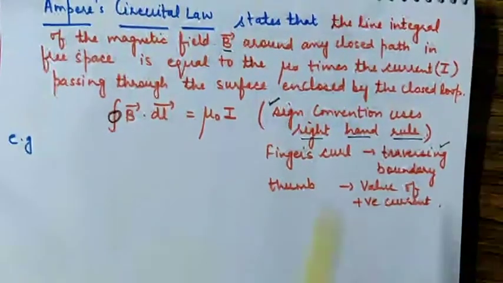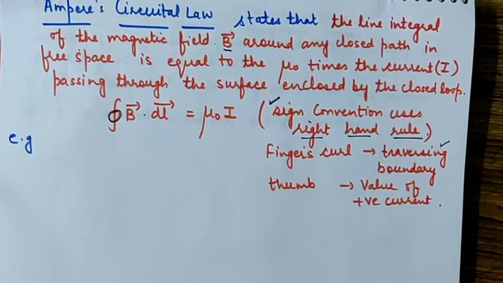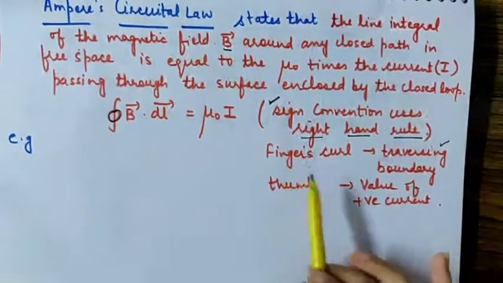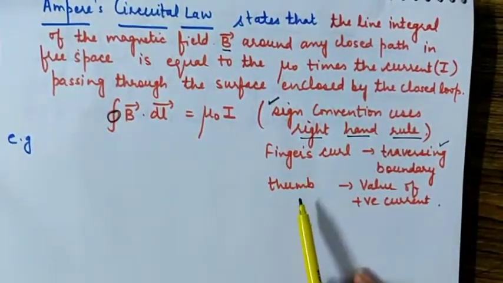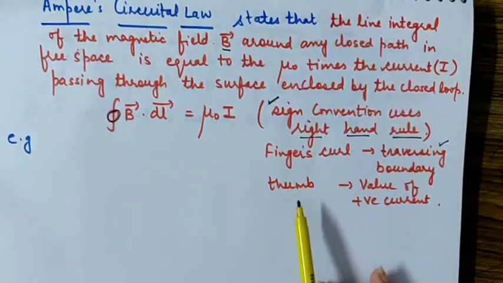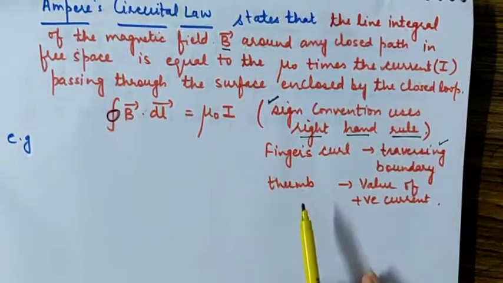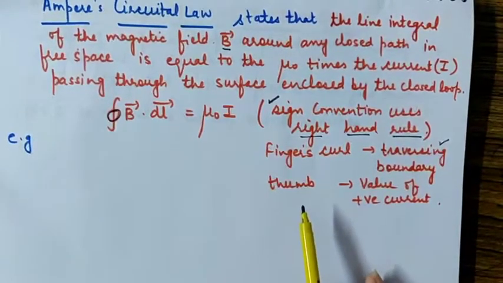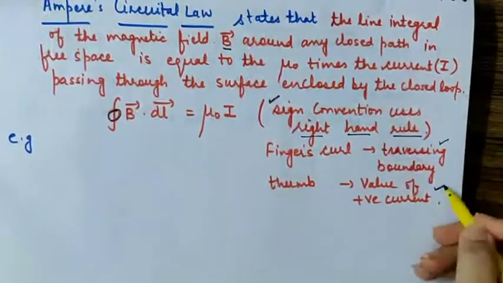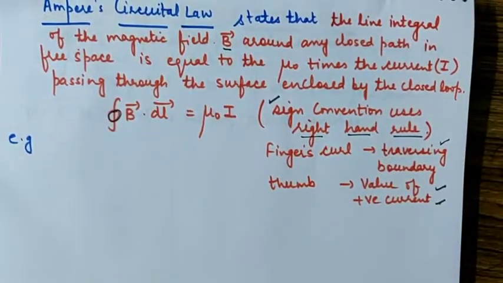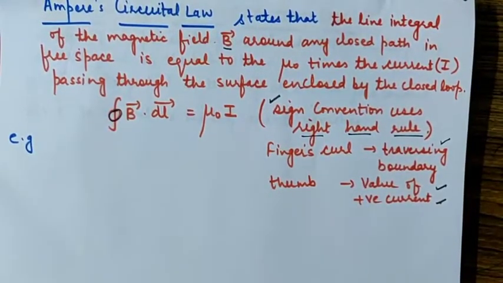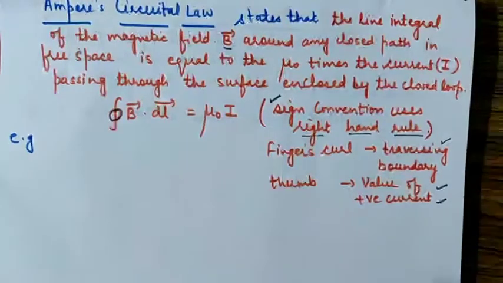In what direction you are going to traverse the loop will be decided by the curl of your fingers. And secondly, the thumb of the right hand will decide the direction of the current, and this will turn out to be the positive current. If you have to take the current in the opposite direction, then the fingers curl will be vice versa.